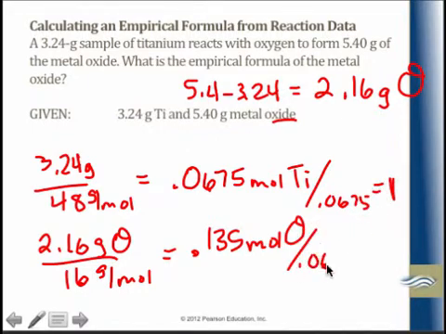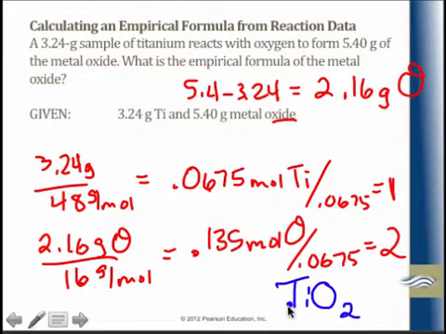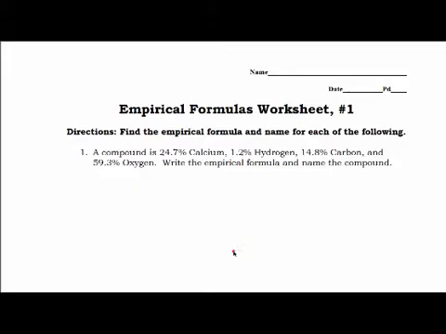Divide by the little guy, and I'll get 2. So I come up with my empirical formula being TiO2, titanium(IV) oxide. I'd now like to switch and work the problems on your worksheet. I'll do 2 examples and you take it from there.